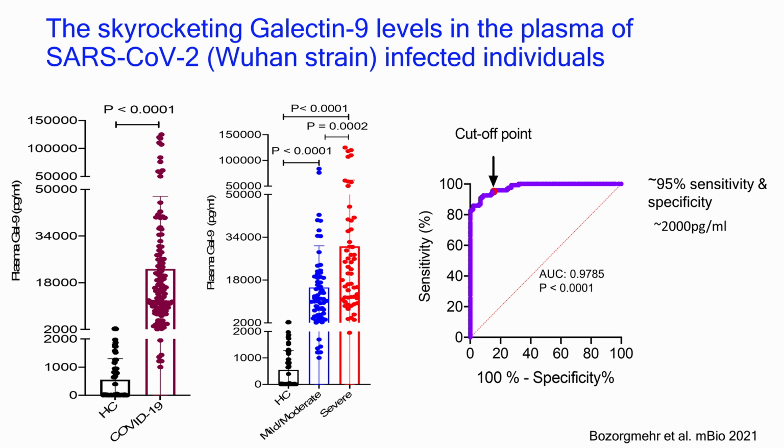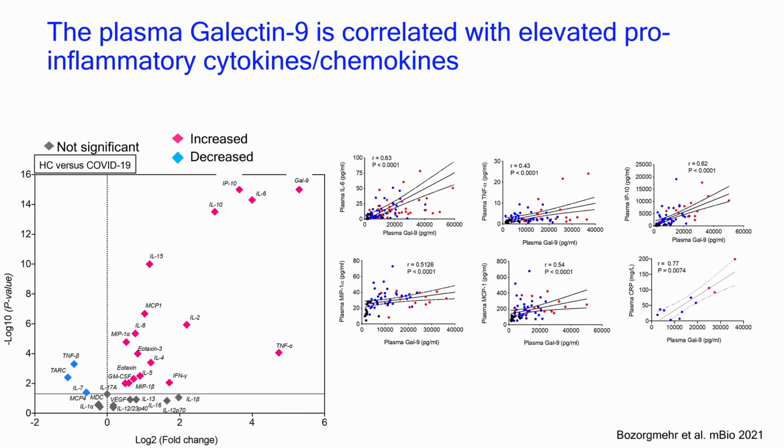With about 2,000 picograms per ml, we were able, with 95% sensitivity and specificity, to use galectin-9 as a diagnostic marker in COVID patients. But what was striking is that when we look at the ELISA multiplex, you can see that GAL is the highest one. And then obviously lots of pro-inflammatory cytokines.